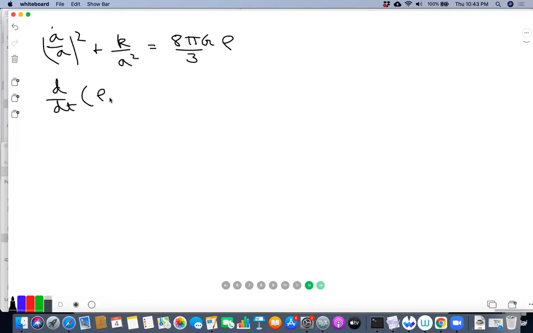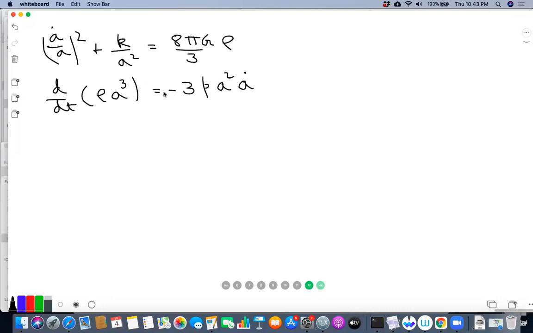Now let me go back to the equations again. We have the Friedmann equation, (a dot over a) whole squared plus k over a squared is 8 pi G by 3 times rho. And then you have the energy conservation equation, d dt of rho a cubed is minus 3 P a squared times a dot.